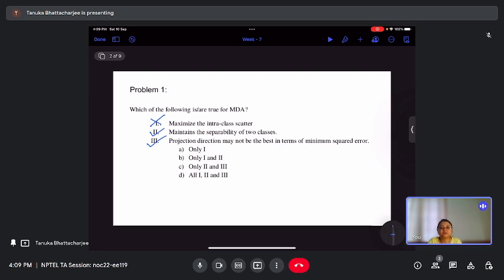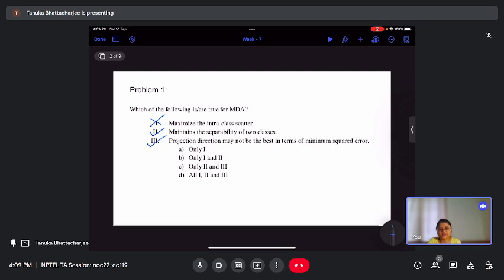But as you will remember, last week we did PCA. PCA is the method which is best in terms of minimum squared error, because there our goal is to find the best representation or most matching representation, and that we do by minimizing the squared error. So that is the best representation that we can get. That is for PCA.